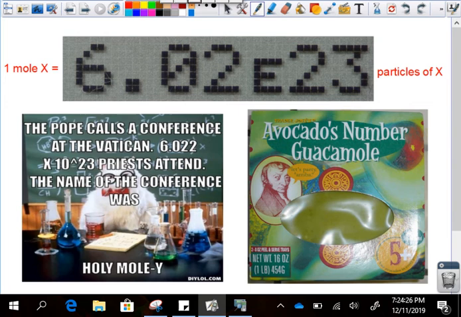If I have 1 mole of, I don't know, carbon monoxide, that would be 6.02 times 10 to the 23rd carbon monoxide molecules. I say molecules because that's carbon and oxygen put together. It's not one atom, it's a molecule. But 1 mole is always a certain number of pieces or particles, and that is Avogadro's number.